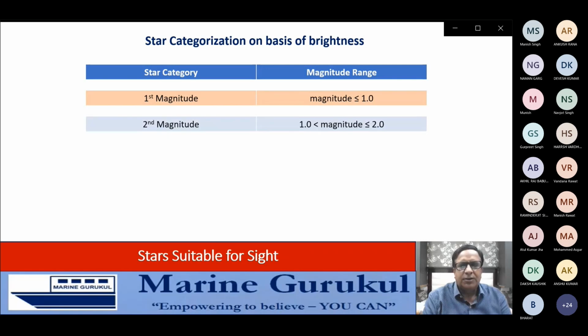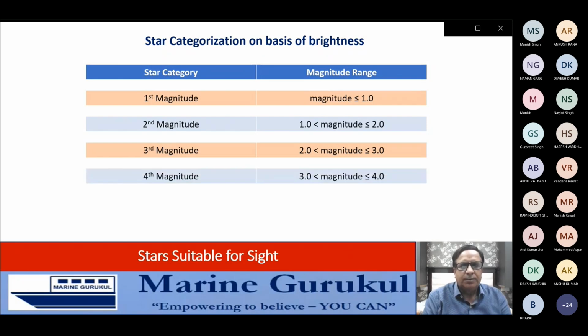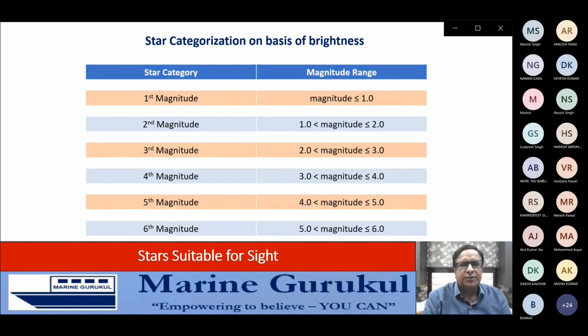Second magnitude stars are the ones which have magnitude greater than 1 but less than or equal to 2. Likewise, magnitude 3, greater than 2, less than or equal to 3. You have magnitude 4, magnitude 5, and likewise magnitude 6.